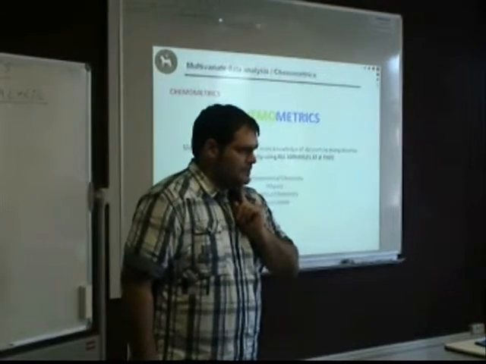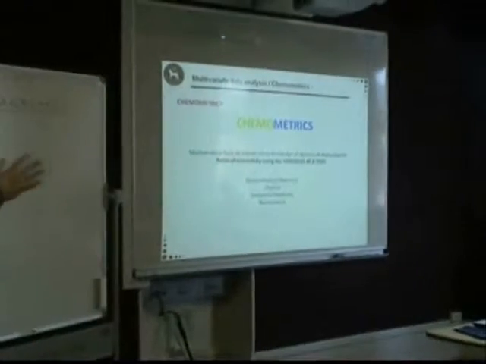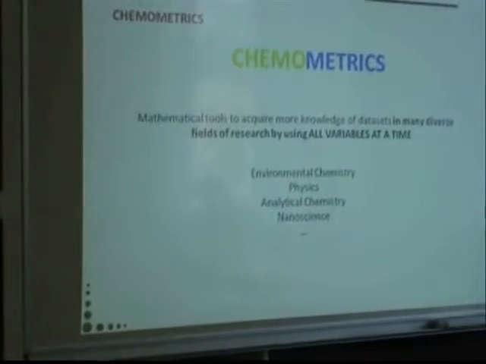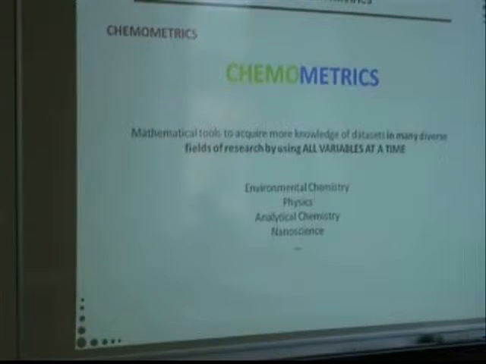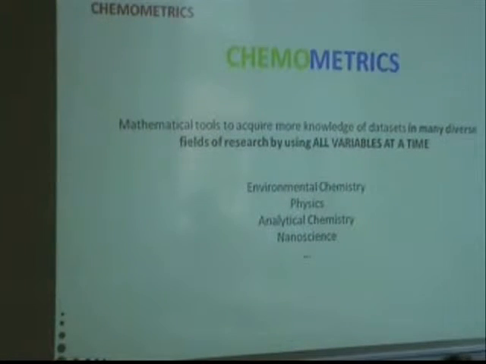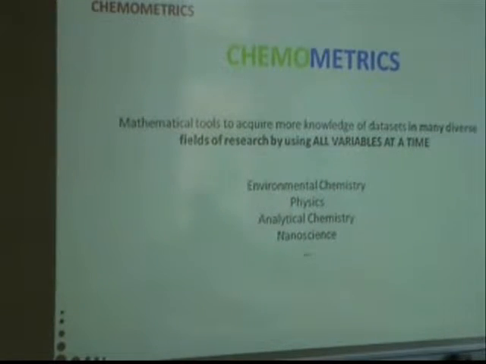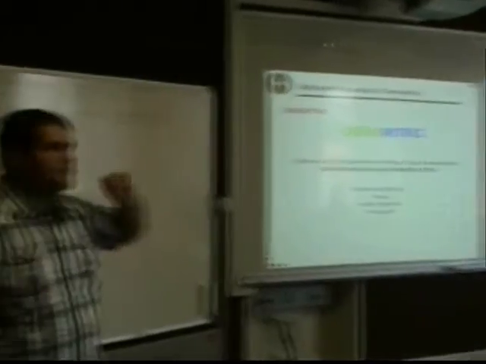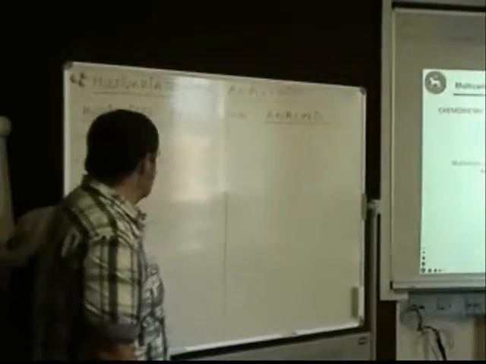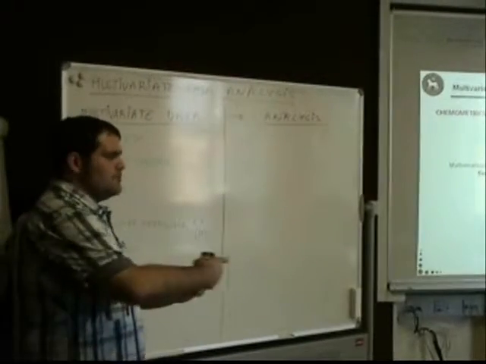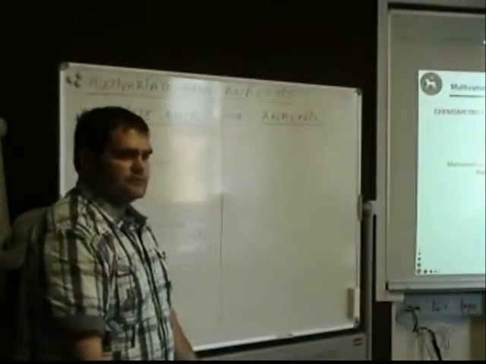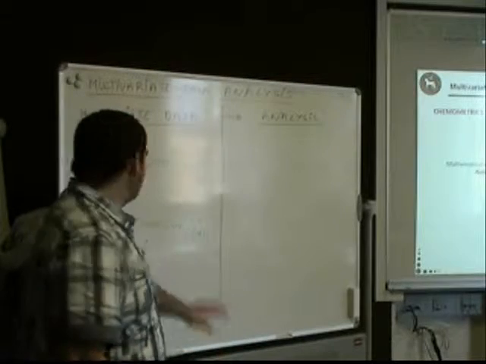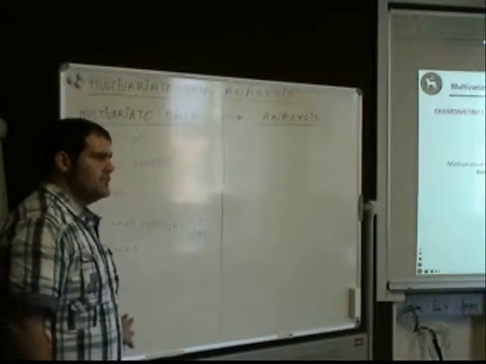Okay? In the examples of before, obesity, we have to use two variables. In the reaction control, we will use all the variables that we collect for each time. In a spectrum, we will use all the information in the spectrum for all the samples at the same time. And also in your examples, you can do the same.